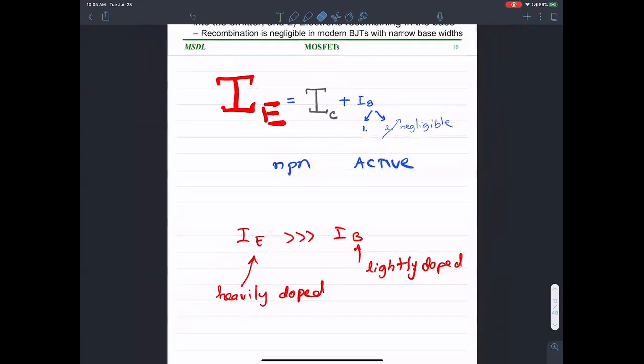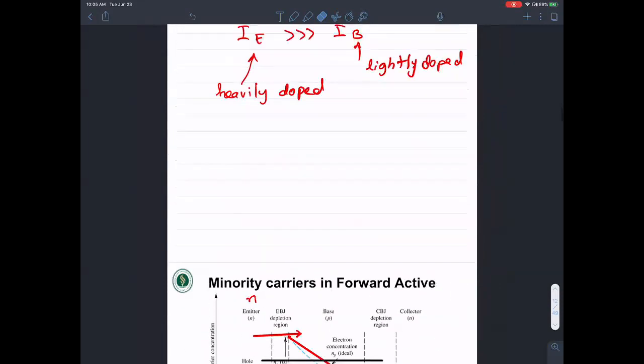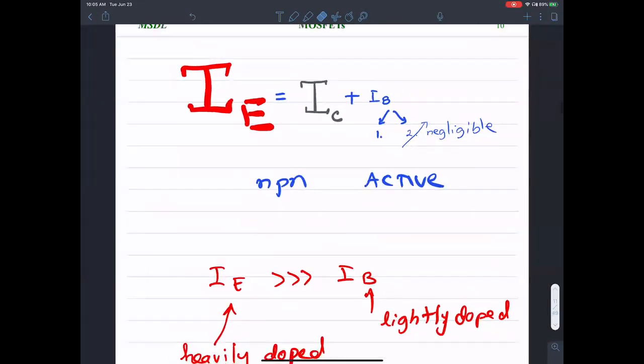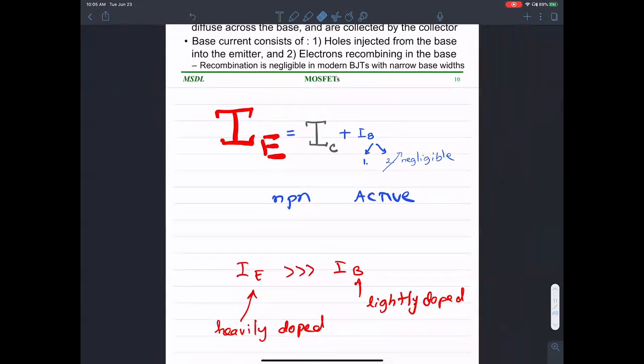That's how well input current is converted into an output current. That's where we get an amplification. A small change in the input current, if that leads to a large change in the output current, then we have a really big current gain.